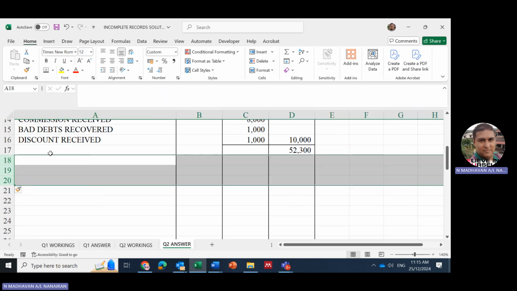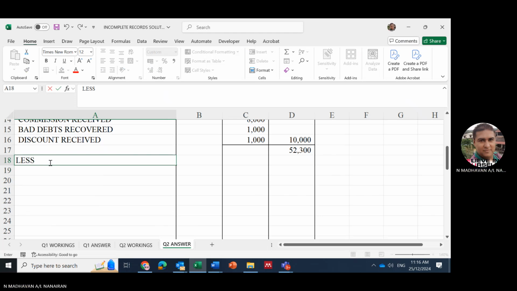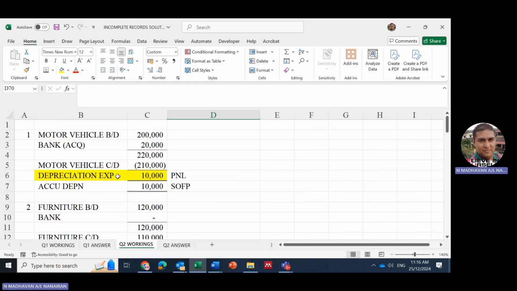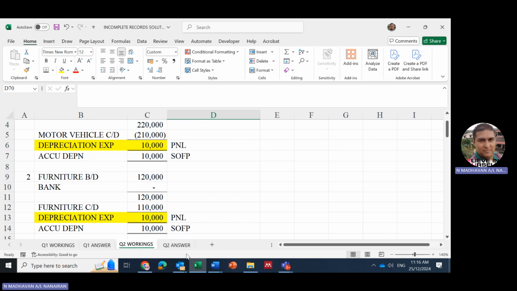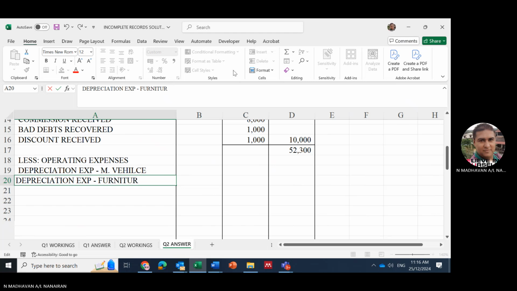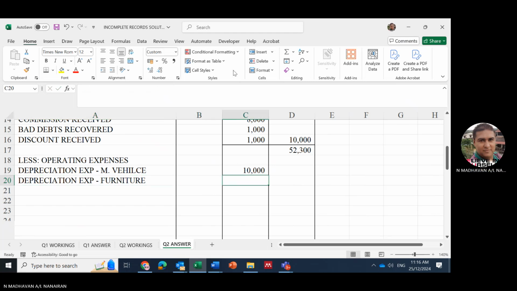Let's increase first. Less operating expenses. So the first thing you do is go to your workings. You have your depreciation motor vehicle, depreciation furniture, yes? Depreciation expense for motor vehicle and depreciation expense for furniture, how much is it? 10,000 and 10,000, correct?